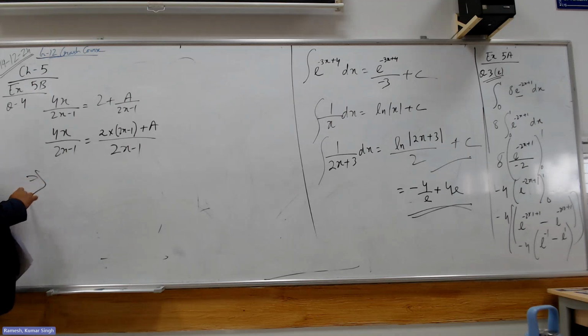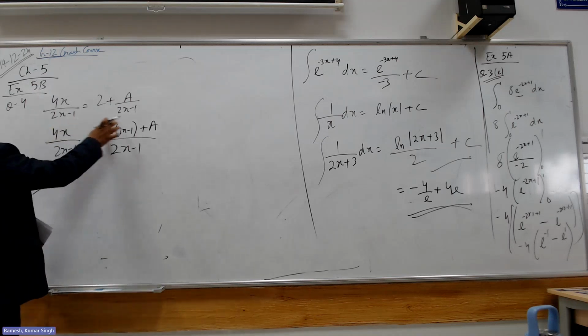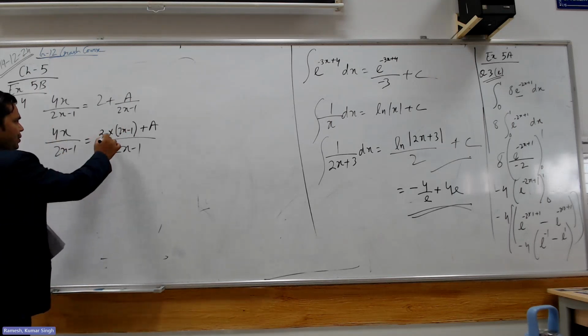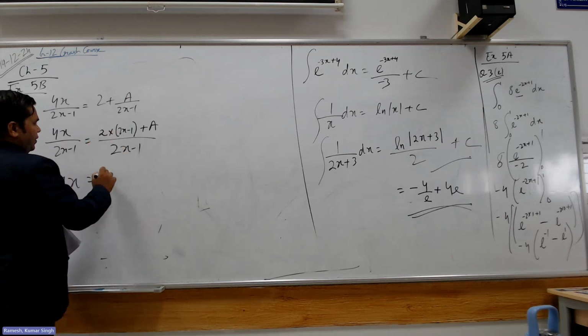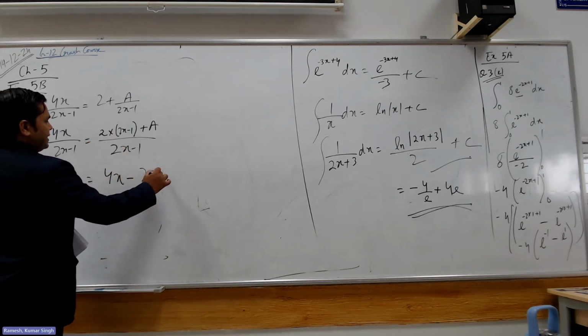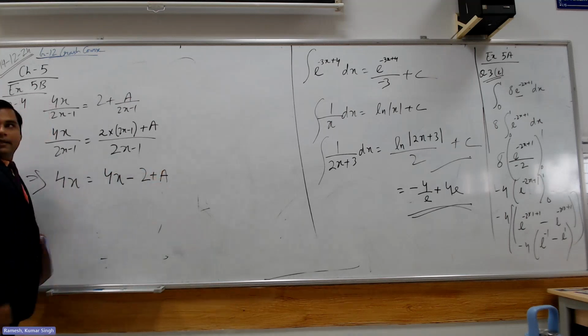All right, you can write it like this, which means the numerator has to be equal, which means 4x equal to 4x minus 2 plus a, right?